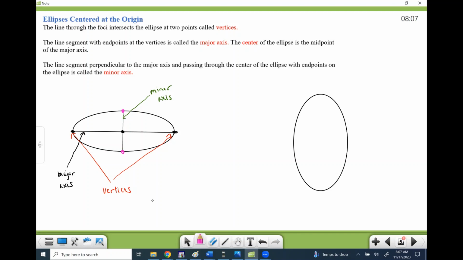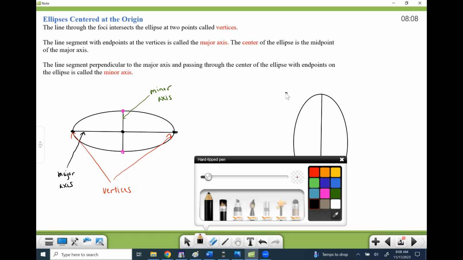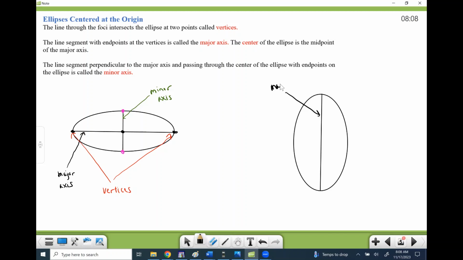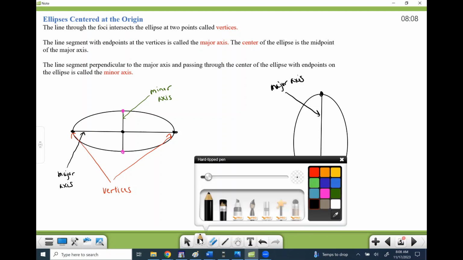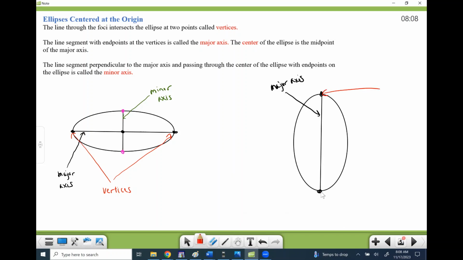Okay, and of course that could flip and change, if the longer segment through the ellipse is this way, well, then that's going to be our major axis now, okay? And then these, of course, would be the vertices now, since they're along the longer of the two.